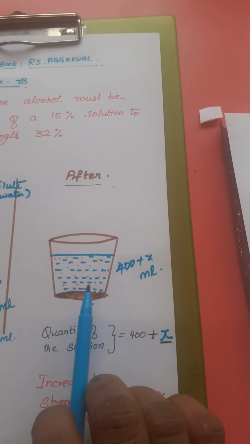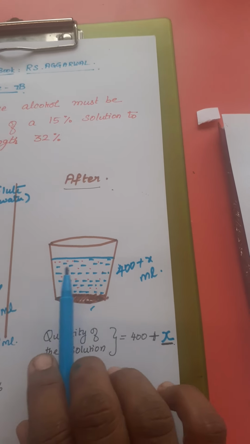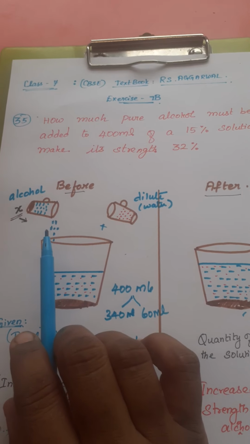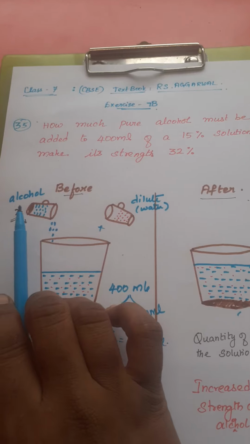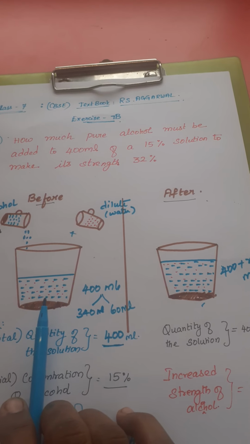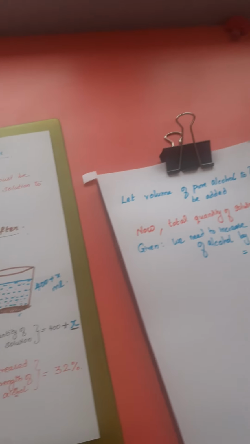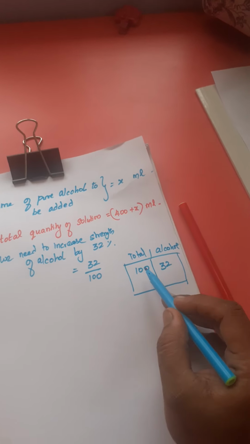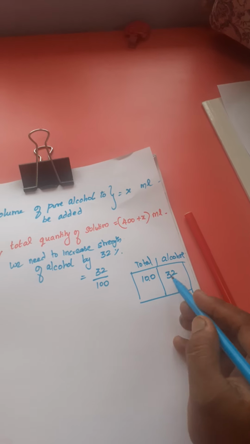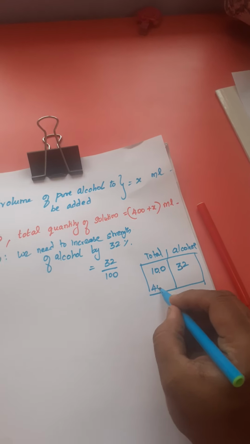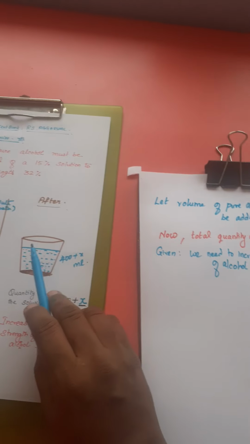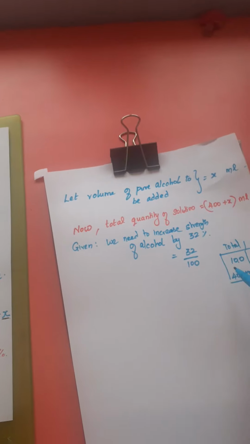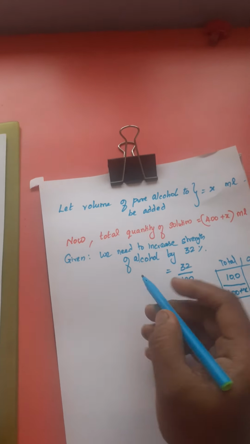I have put red dots for water and blue lines for alcohol. To increase this strength, I have to increase alcohol only, which I called x. The solution is now 400 plus x quantity.